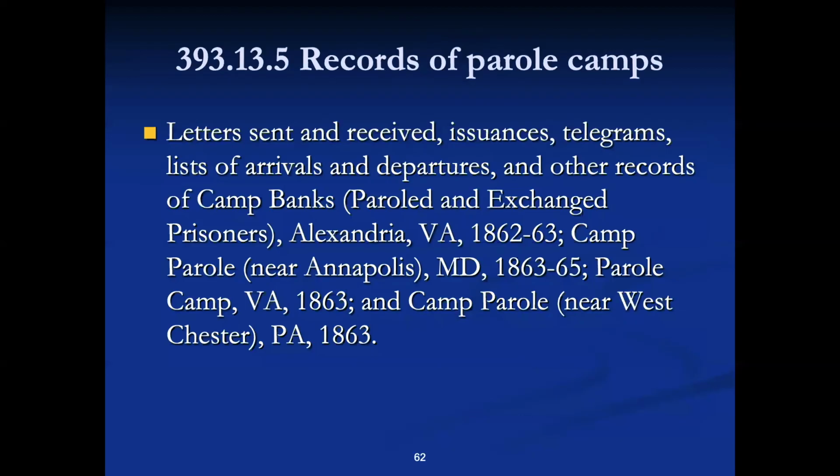So if we look at the records of the parole camps, you can find these there. And there are various parole camps, but eventually everyone is going to end up at Camp Parole, or they're going to end up back with their unit once they are exchanged.